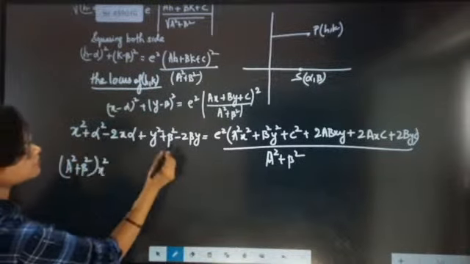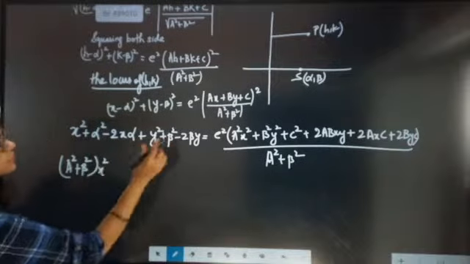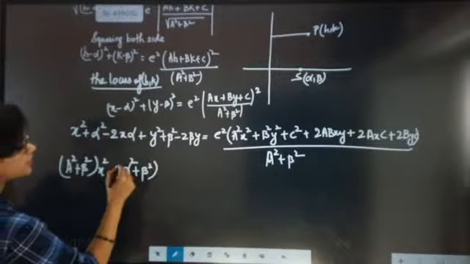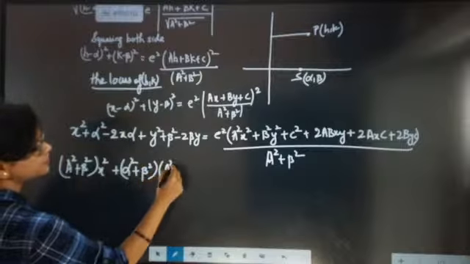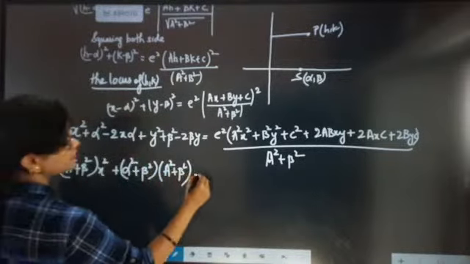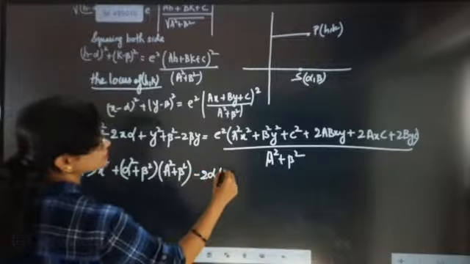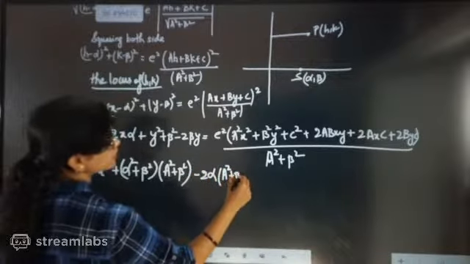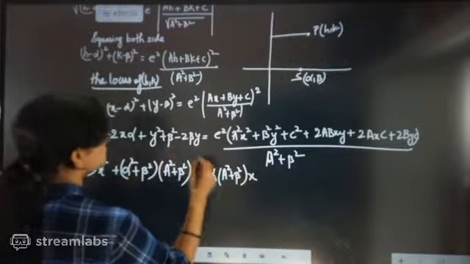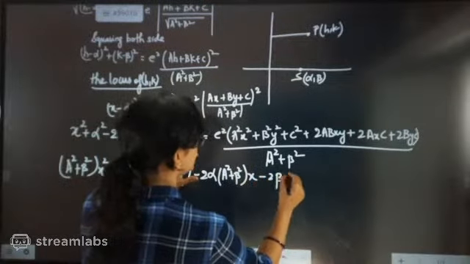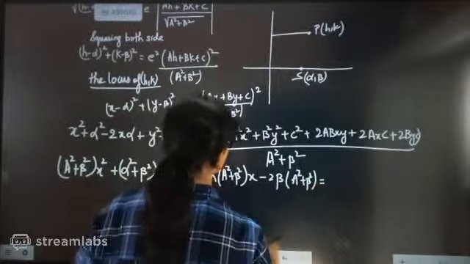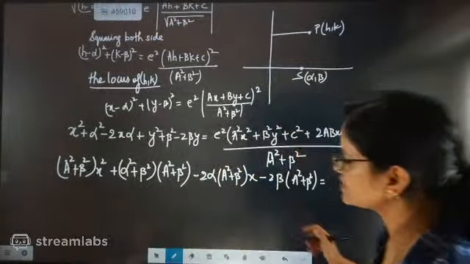Now alpha square and beta square are constants, so alpha square plus beta square is multiplied with a square plus b square, then minus 2 alpha times a square plus b square into x, and minus 2 beta times a square plus b square into y, equal to, now it will be multiplied with eccentricity.